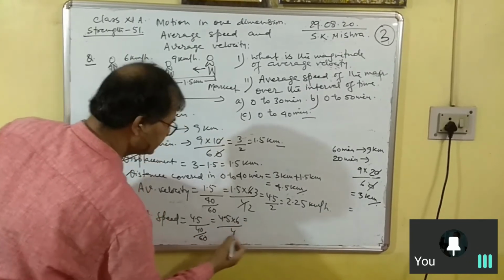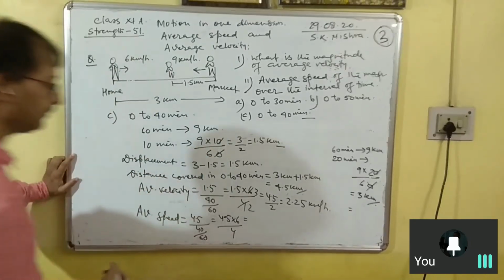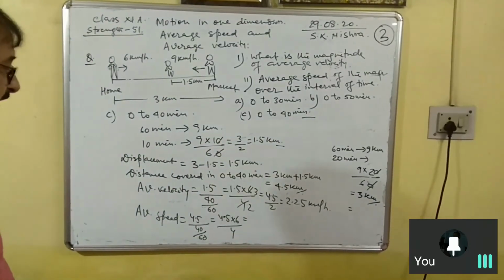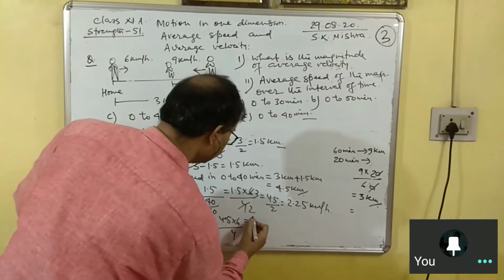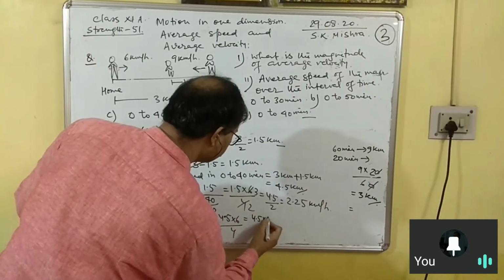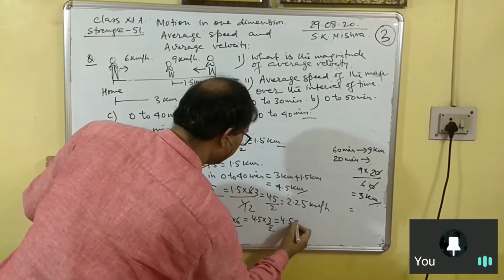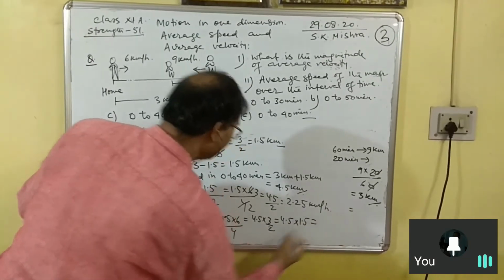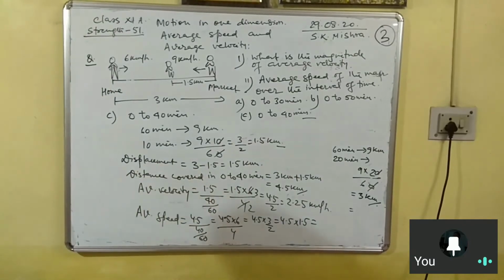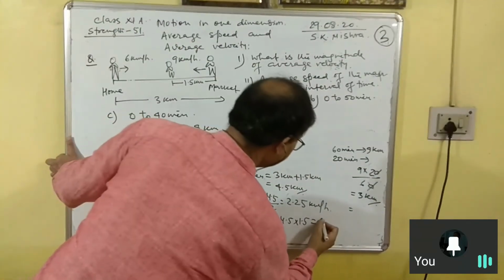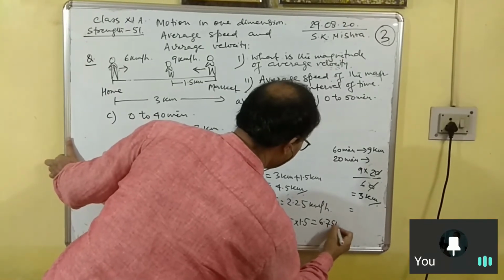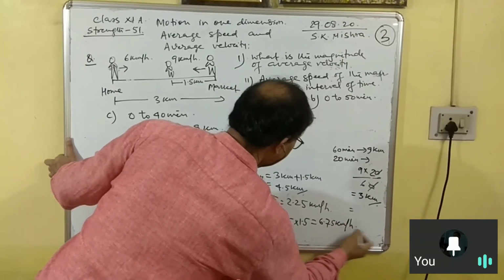So it's how much? 4.5 into 3 by 2. So this is 4.5 into 1.5. Just multiply it. How much you get? 6.75 kilometer per hour.